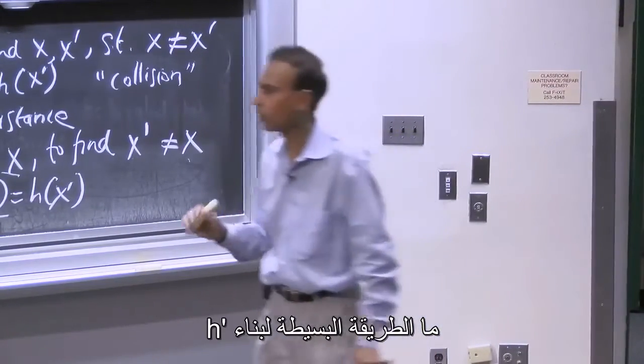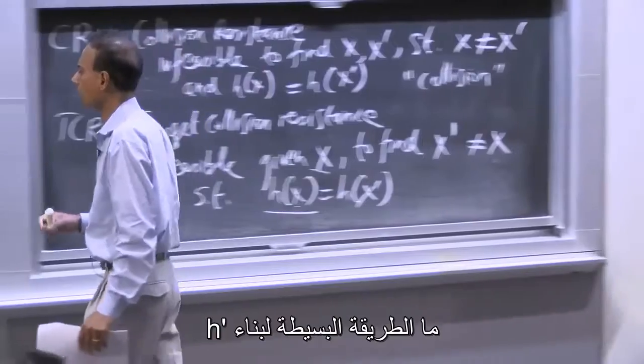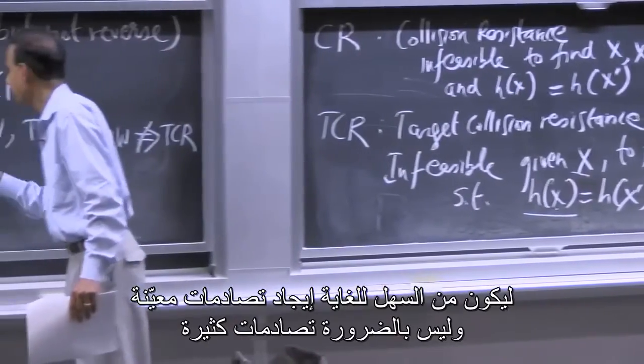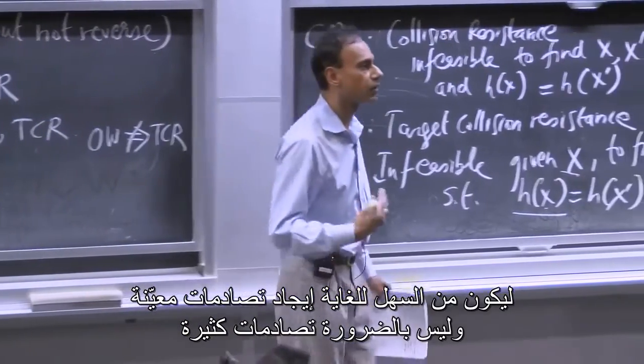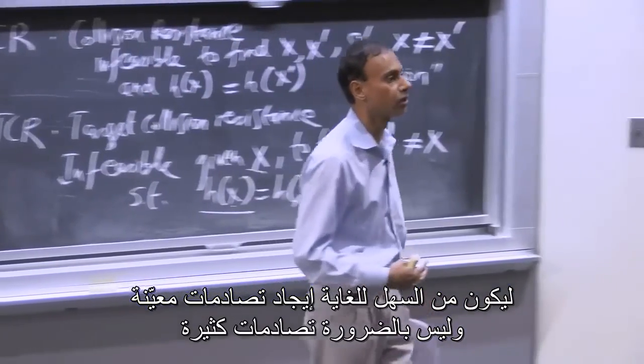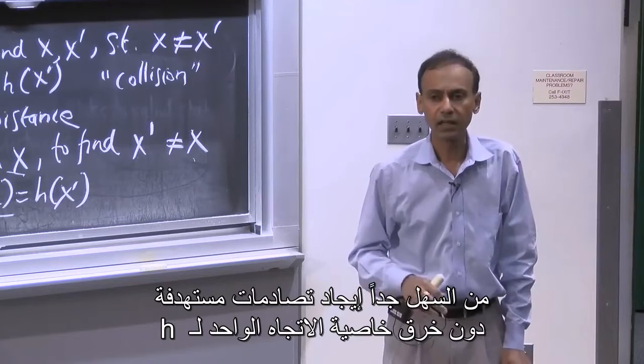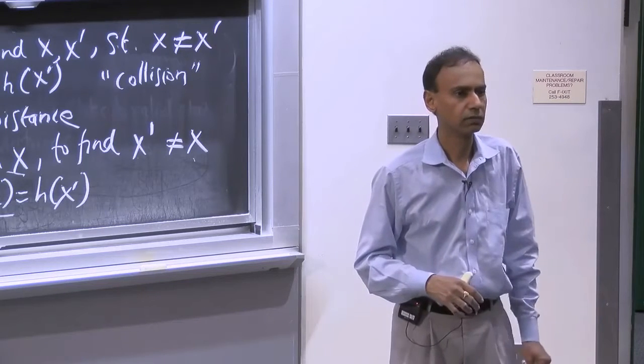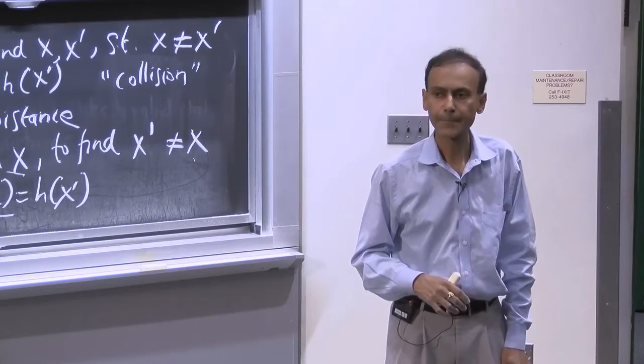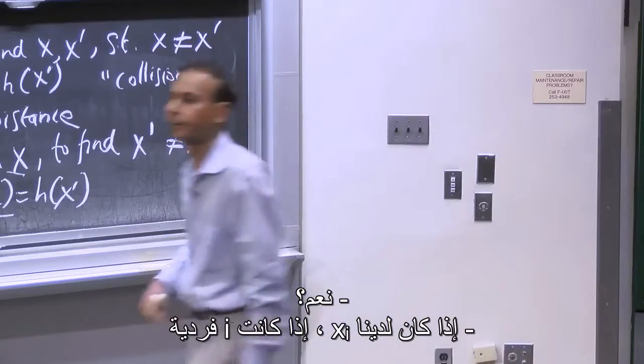So what's the simple way of creating an h prime such that it's going to be pretty easy to find targeted collisions, not necessarily collisions, without breaking the one-way property of h? Yeah?